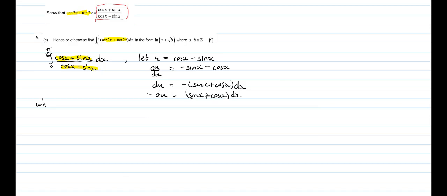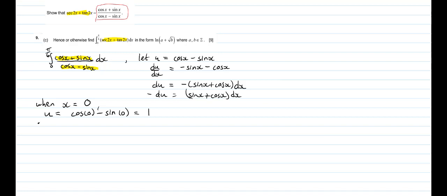So we know when x equals 0, u is going to equal cos of 0 minus sine of 0, which is just equal to, well, cos of 0 is 1 and sine of 0 is 0, so 1.